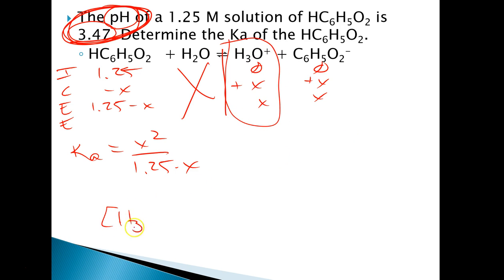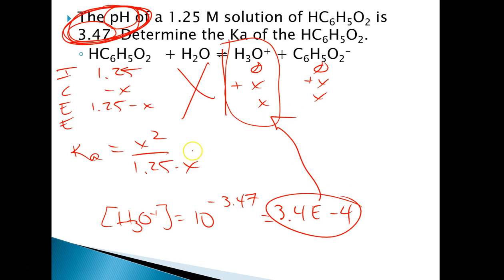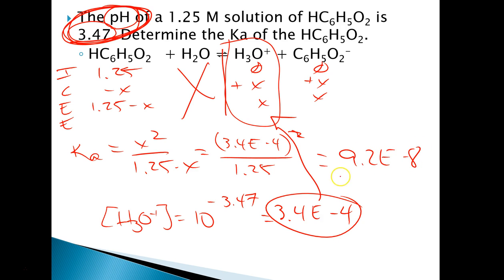The H3O plus is 10 to the negative 3.47. You get 3.4 e negative 4. That is referencing x. You get 9.2 e negative 8. Okay, and that's how you find the Ka.